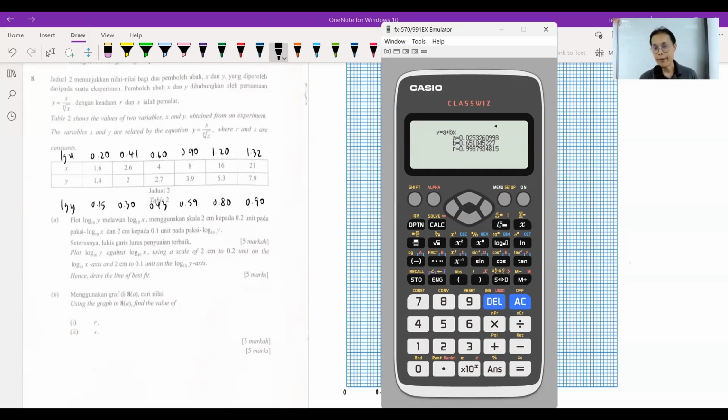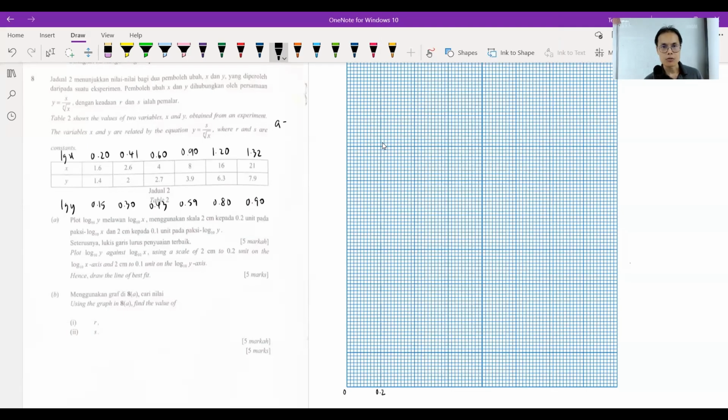So you notice that the calculator actually calculates this A, B, and R here. A represents your y-intercept. In this case, 0.025. I think we can just read 0.03. Let me write here. Your A is your y-intercept, 0.025. You can take 0.03 lah. All right.